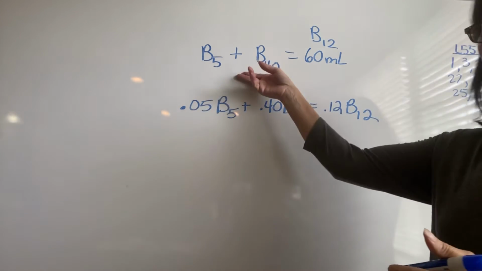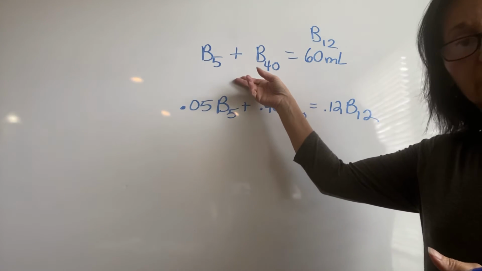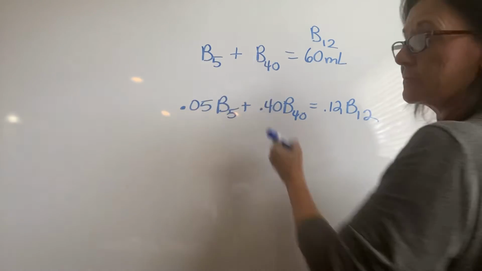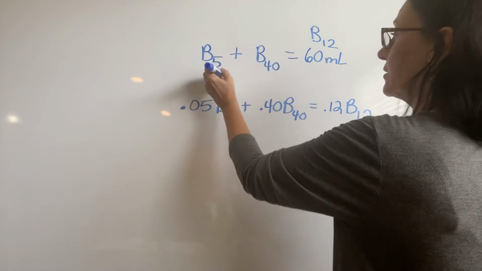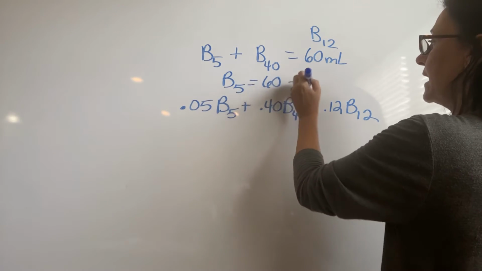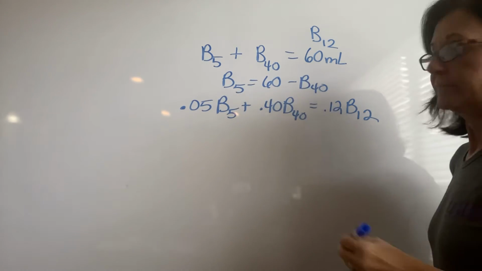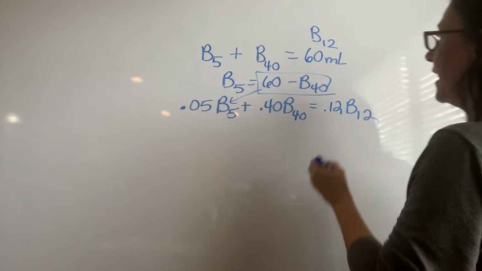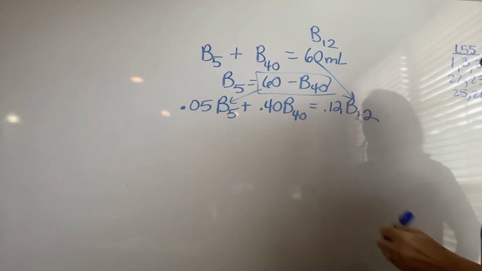We always take this first equation, solve for one of the variables, and then substitute. All right, so we'll subtract the bromide 40 on both sides, so we end up with bromide 5 equals 60 milliliters minus how much bromide 40 we have. This is what we shall substitute in for bromide 5. We know how much bromide 12 we want.